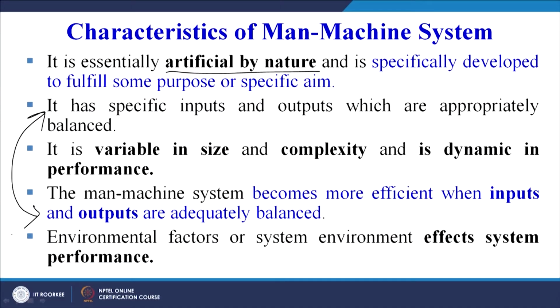Environmental factors or system environment affect the system performance, as we have seen in the second or third slide today, that there is a technical interaction between man and machine which takes place under a set of environment in which we have seen noise, weather and all other important points related to the context under which the interaction is taking place.